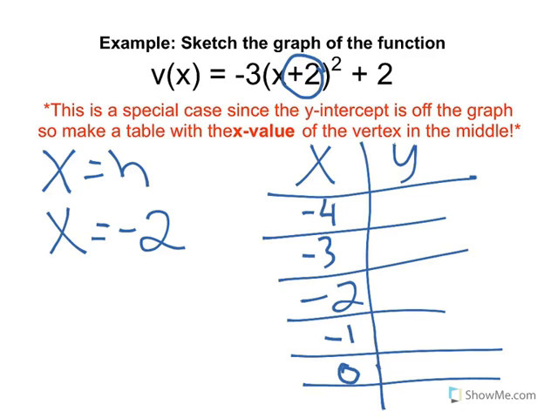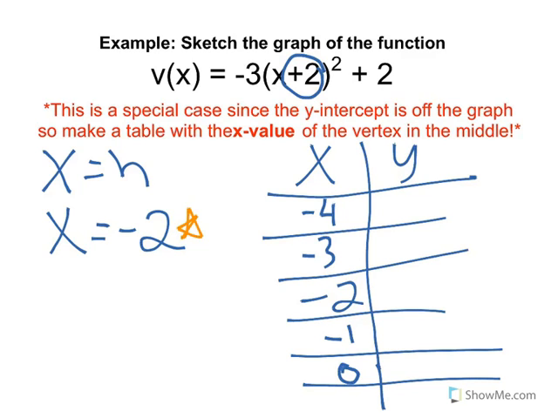I know we're used to doing -2, -1, 0, 1, and 2 for our tables, but for these parabolas it's a little bit different. We have to find this x value first and then make our table based off of that. So to find the y's, we're just going to substitute all of those values into our function.